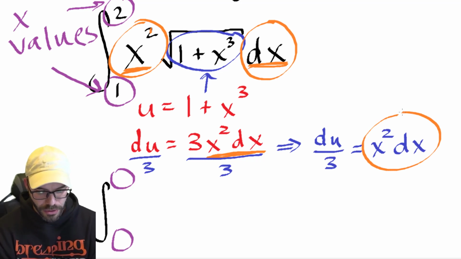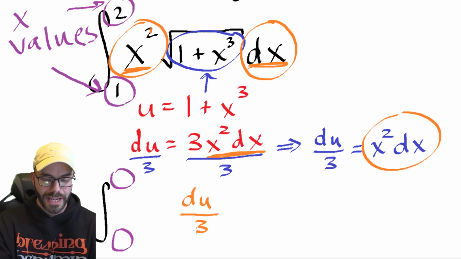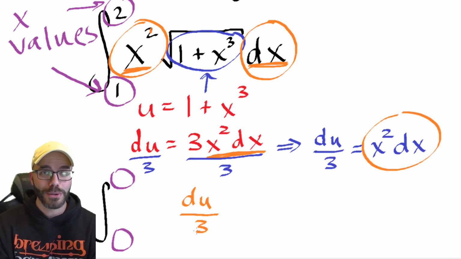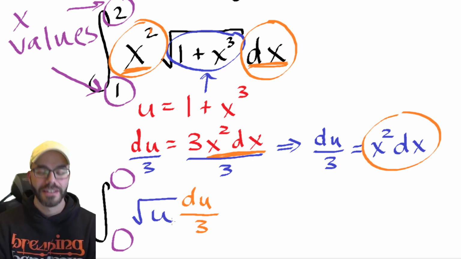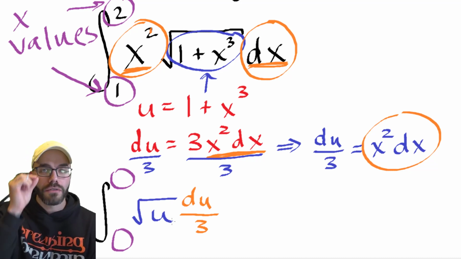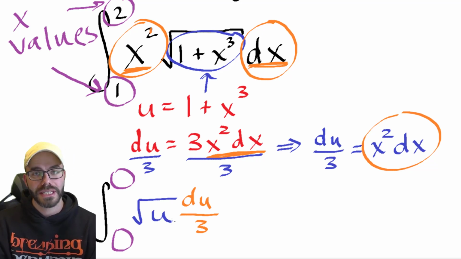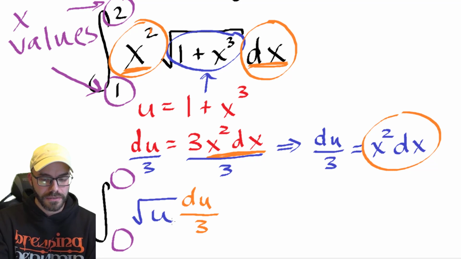And inside that radical, I have the square root of u. So now I have the integral, we don't know the limits yet, of the square root of u times du over 3. So now let's find those limits of integration.